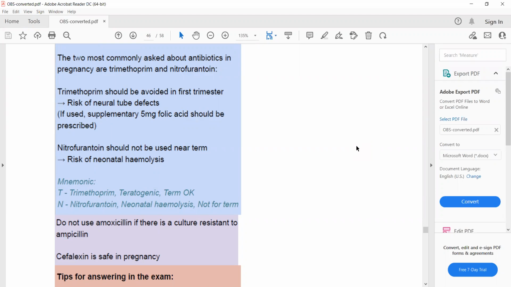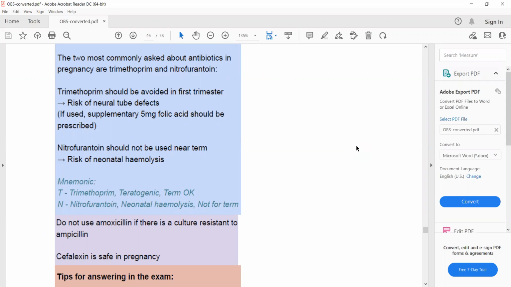Trimethoprim is an antifolate drug, so it needs to be avoided in the first trimester of pregnancy because it can cause neural tube defect. But if we don't have any other option and we must use trimethoprim, then it can be used along with 5 milligram of folic acid.